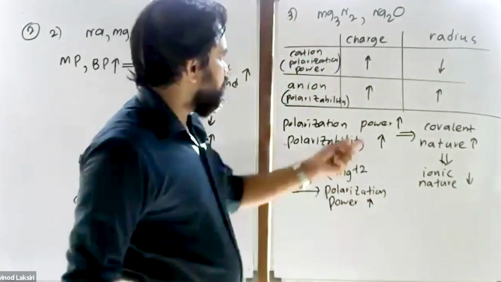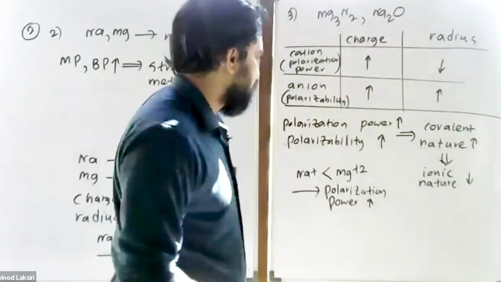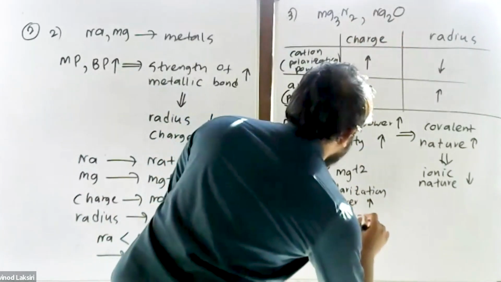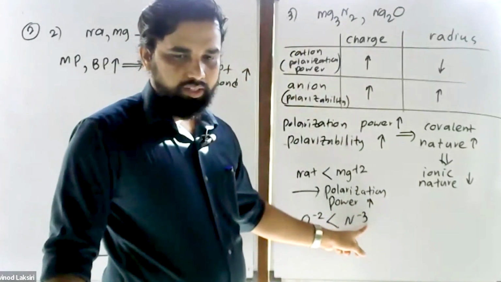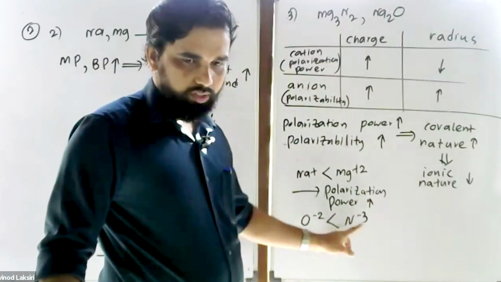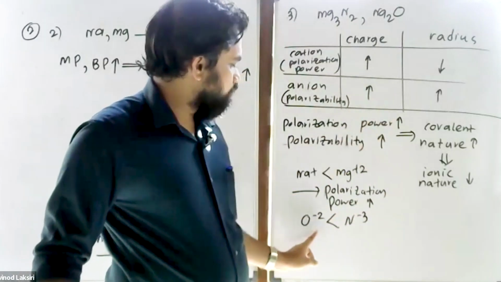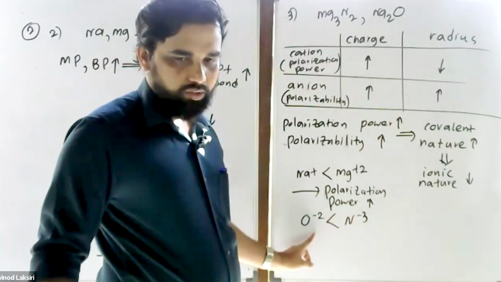Right? Then we have to compare the anion. What is the anion? N minus 3, O minus 2. Right? When N minus 3 and O minus 2 are compared, this is the variation. N minus 3 has higher charge, minus 3, here minus 2. And the radius of N minus 3 is higher than O minus 2.